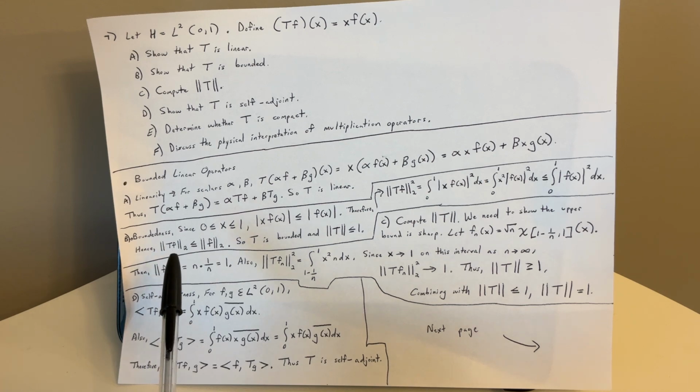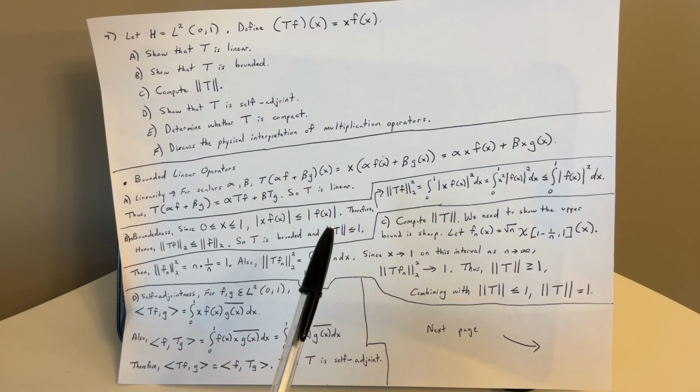Hence, this is less than or equal to this. So T is bounded, and the norm of T is less than or equal to 1.